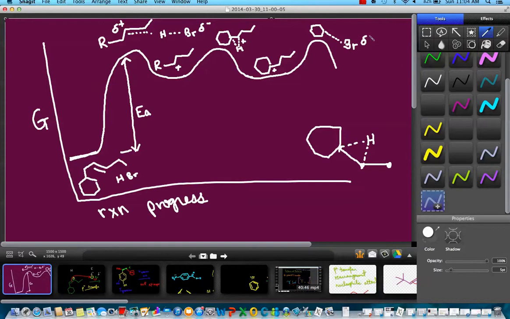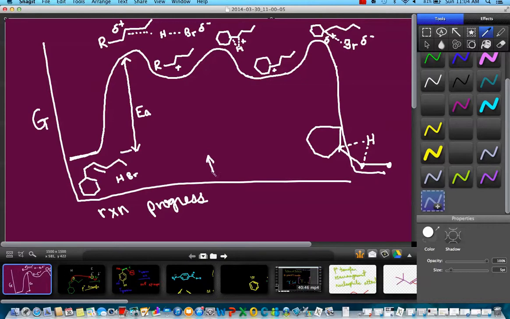The bromine will have a partial negative charge. The carbocation now is going to have a partial positive charge because I'm in the process of alleviating that positive charge. And of course, at the end, I will have my products.